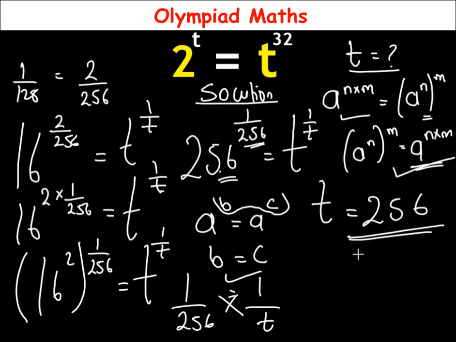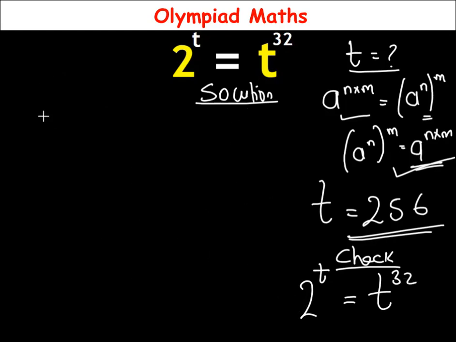Now let us check if this value of t as 256, if we input it back into the equation, can satisfy this given equation. Okay, so we have 2 all raised to power t is equal to t all raised to power 32.